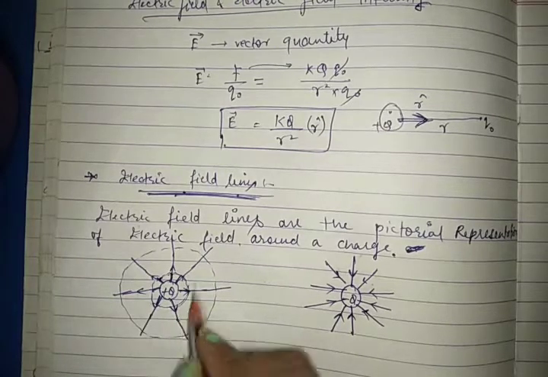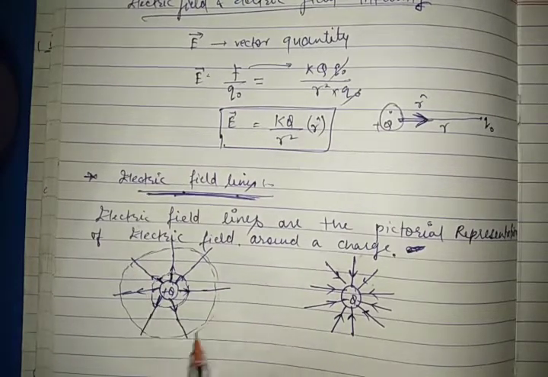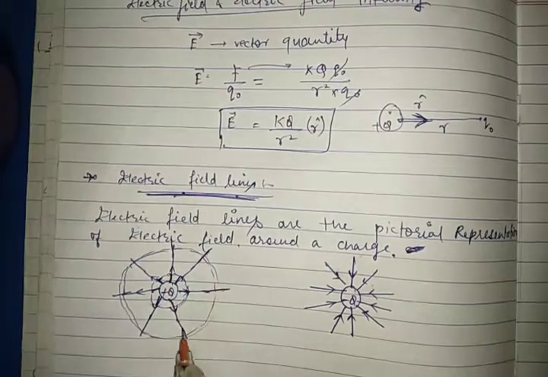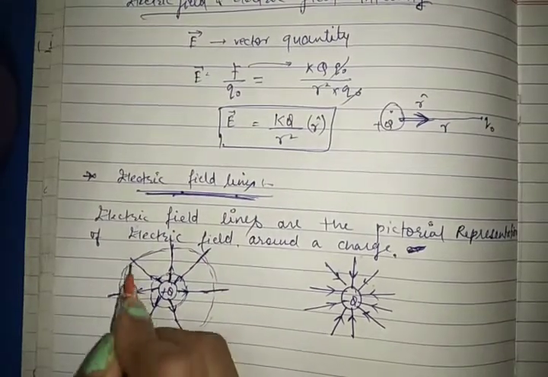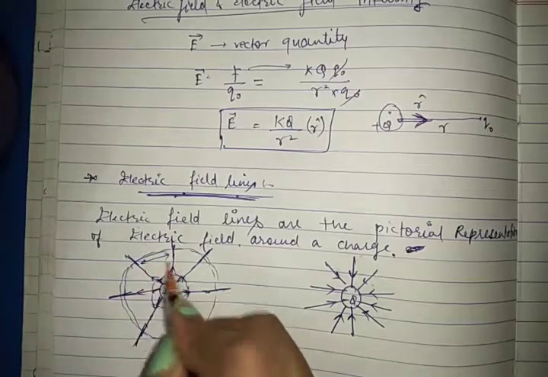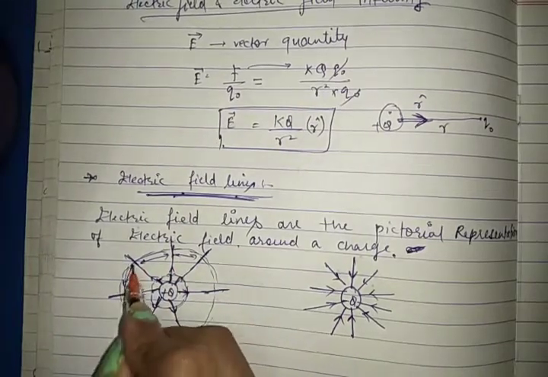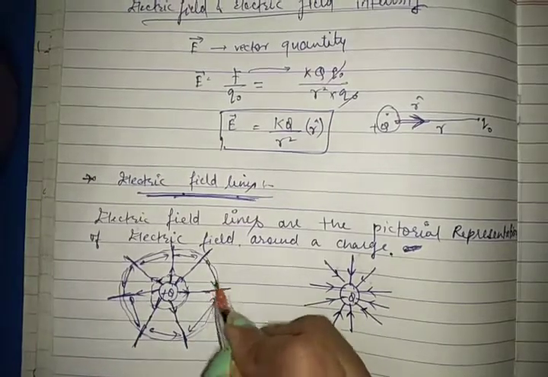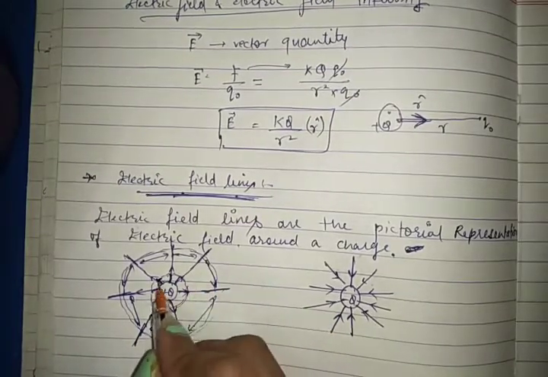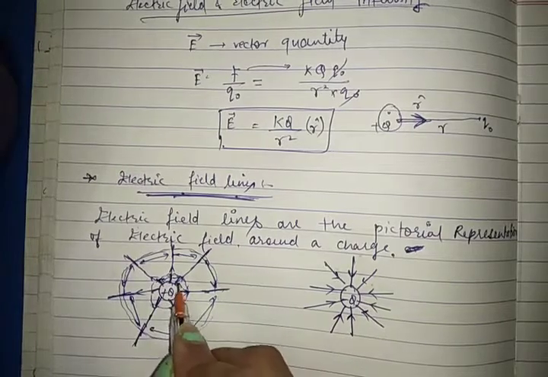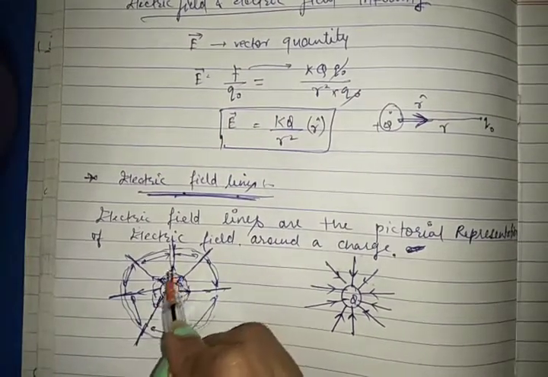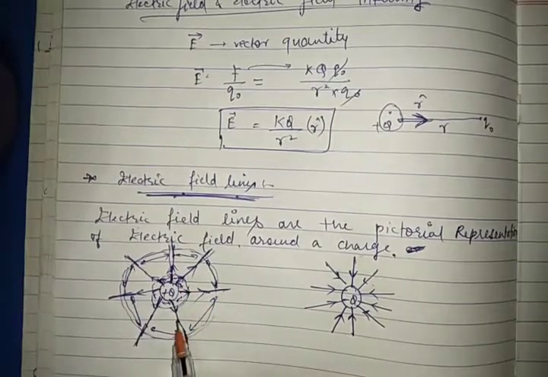And as compared to this, the circle has electric field lines farther from each other, like this distance is greater, and these electric field lines are closer to each other.